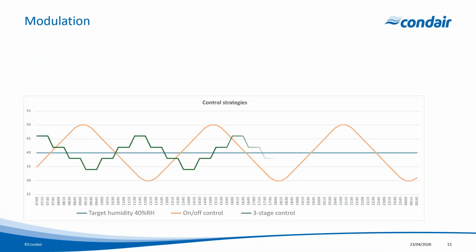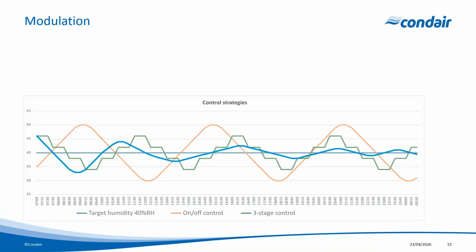If we go a step further and go to stage control, where we're stepping potentially one electrode or one series of elements on and off, then we get slightly better control, plus or minus 7% typically. But typically with a clean room, we want better than that. We want modulating control.